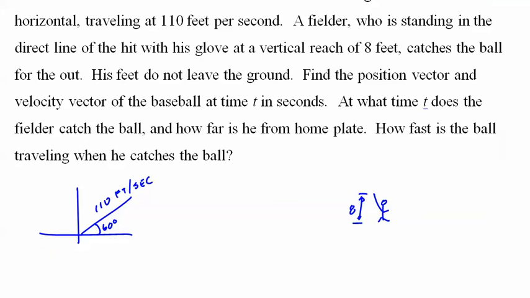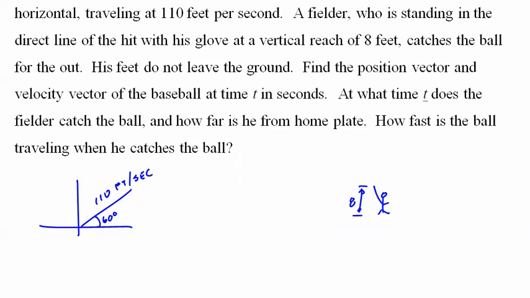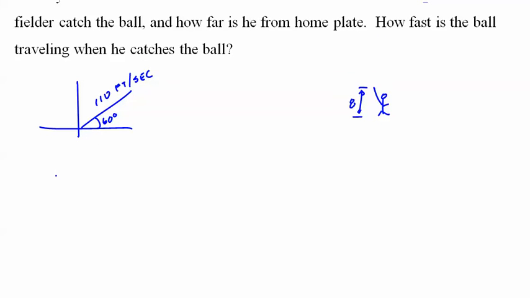Now, it's already given us a velocity. But we got to watch out. We got gravity popping into this. So now we have to say the acceleration vector is 0, comma, negative 32.